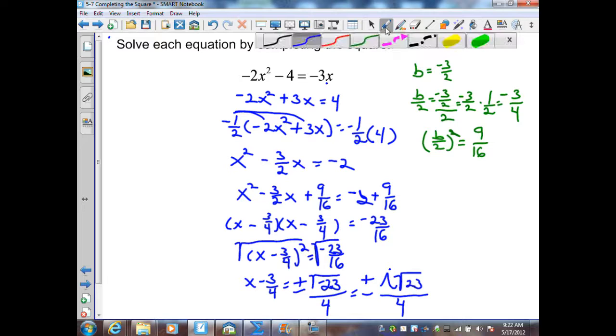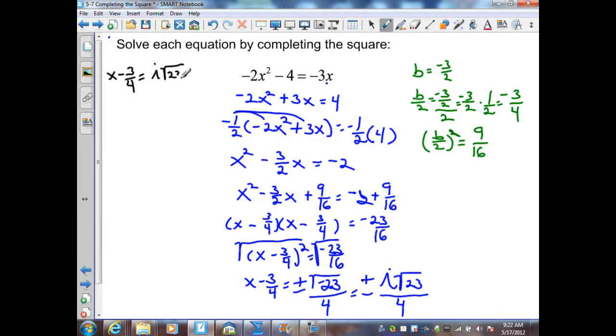But I can still create my two equations. My first, x minus 3/4 equals a positive i square root of 23 over 4. Add 3/4 to both sides, gives me 3/4 plus i square root of 23 over 4.